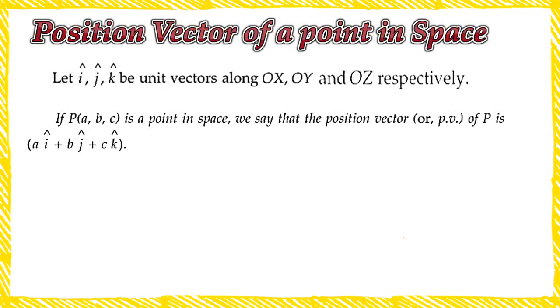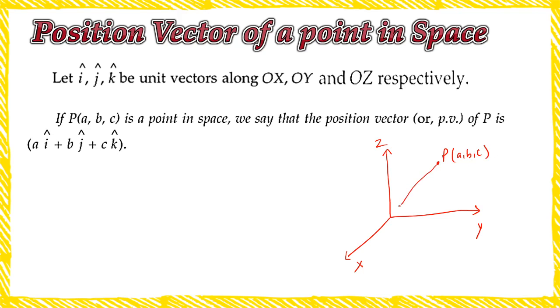Position vector of a point in space. Position vector tells us the position of a point, right? If we have a point in the plane, let's say this is our 3D plane x, y and z. Now we have any point P whose coordinates are, let's say, a, b, c or x1, y1, z1, right?